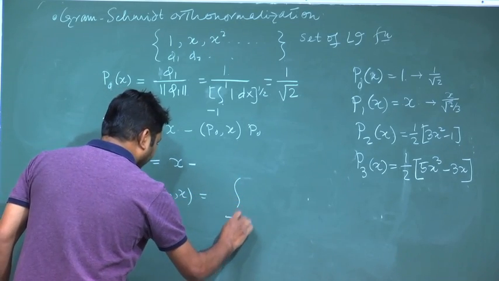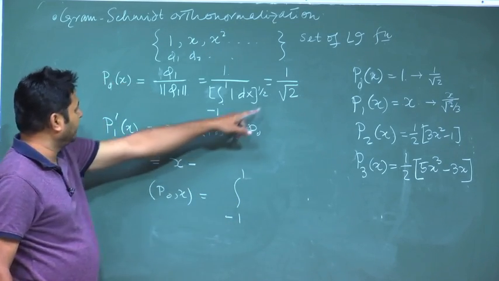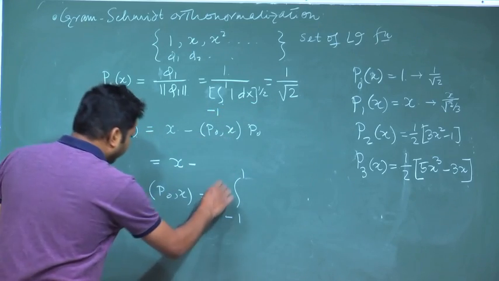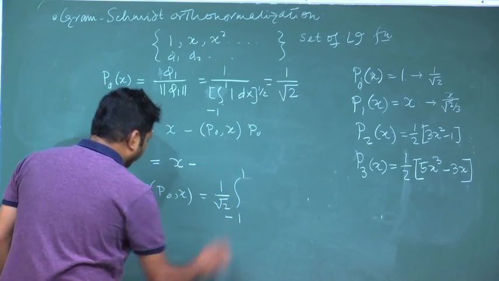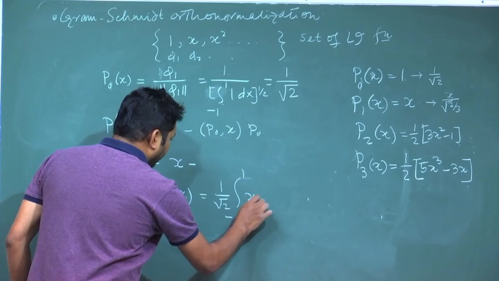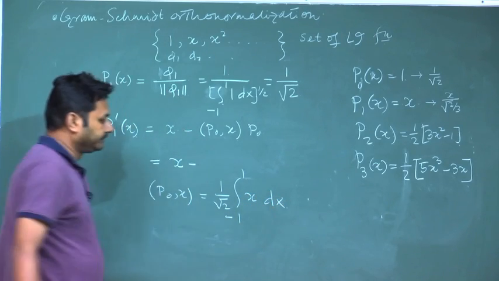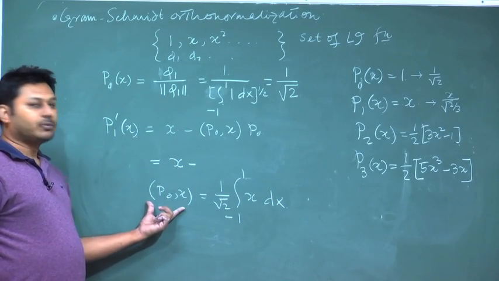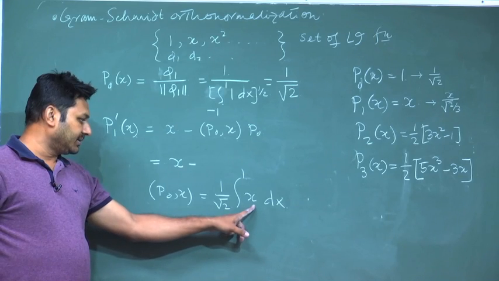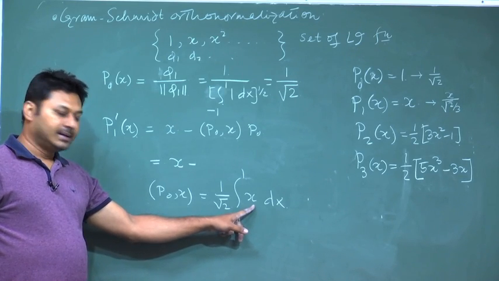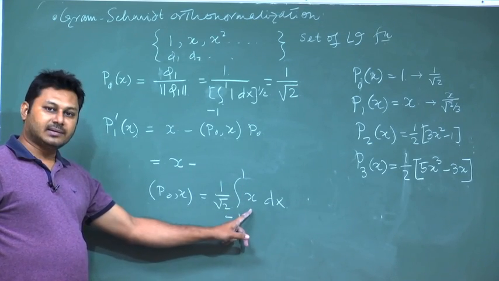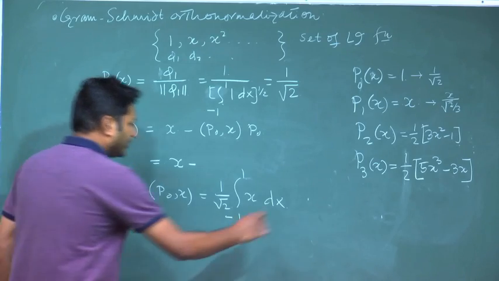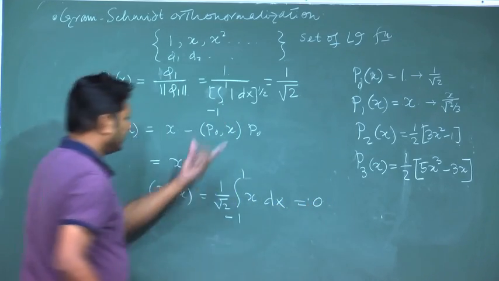It is integration minus 1 to 1, p0 I have already calculated, it is 1 by root 2, so 1 by root 2 x dx. This is the inner product. Integration minus 1 to 1 of x is nothing but 0, because this is an odd function. So, the inner product is 0 here.